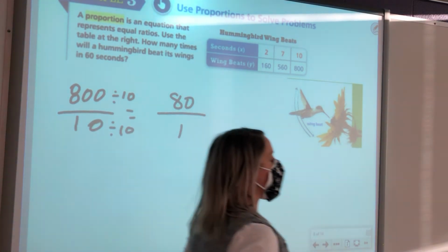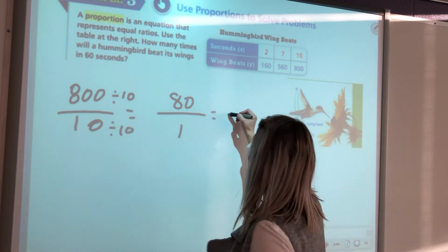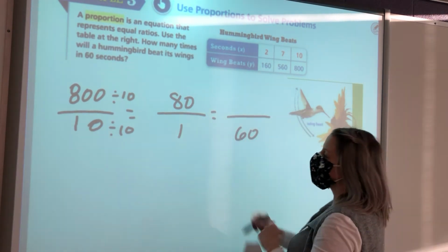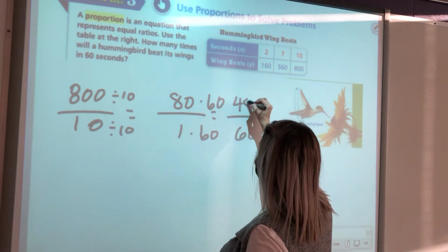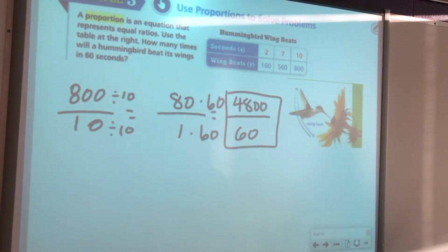Now I want 60, so how do I get from 1 to 60? Multiply by 60. That's a lot easier. Are there different ways to do the problem?